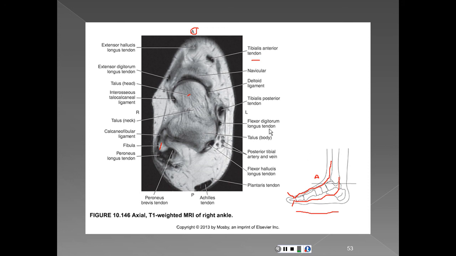So when you see flexor digitorum longus tendon, you pretty much know the pathway of this tendon. And we have the Achilles tendon right there. Flexor hallucis longus tendon. When you hear hallucis longus, that is the great toe.